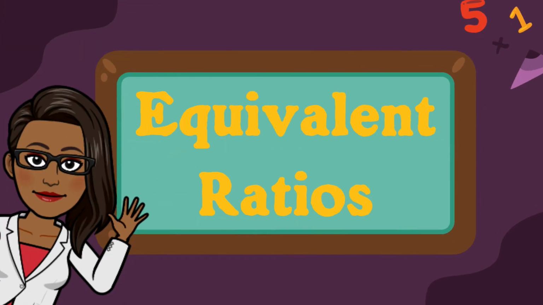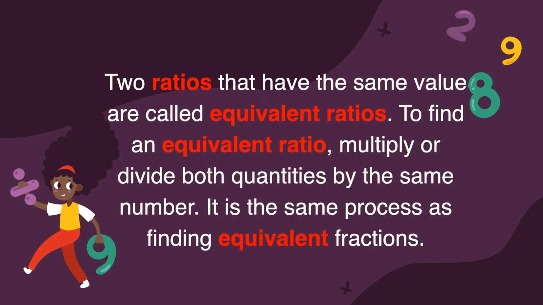Let's take a look at equivalent ratios. Two ratios that have the same value are called equivalent ratios. To find an equivalent ratio, multiply or divide both quantities by the same number. It is the same process as finding equivalent fractions.